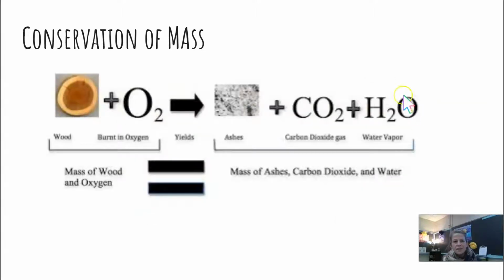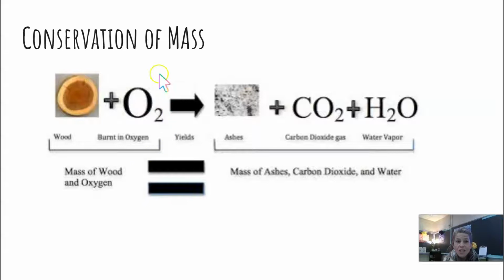Well, let's look at this equation. We can think of it like this: the mass of the wood and the oxygen is equal to, it yields, the ashes, the carbon dioxide gas, and the water vapor that happen as a result of the wood burning. They're equal, right?